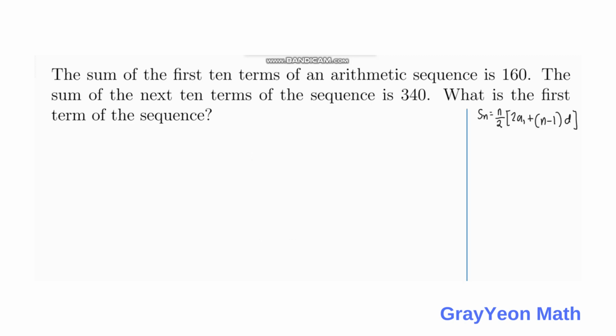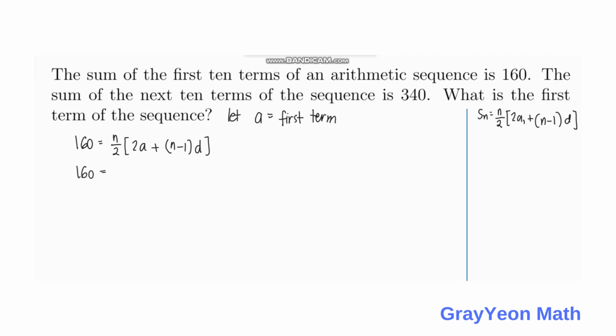First, let a be equal to the first term. Next, we consider that the sum of the first 10 terms of the arithmetic sequence is 160. So 160 is equal to n/2 times [2a + (n - 1)d].